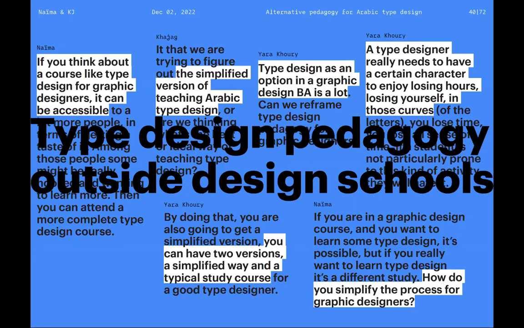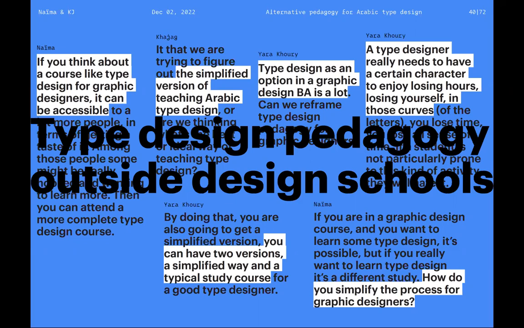And if the type design course exists only in this context, then you also miss out on a lot of people who are interested but are not necessarily graphic design students. On the contrary, when you teach outside of the design school, then you can get a crowd that is really there to learn the discipline.